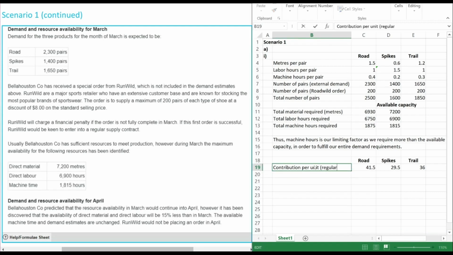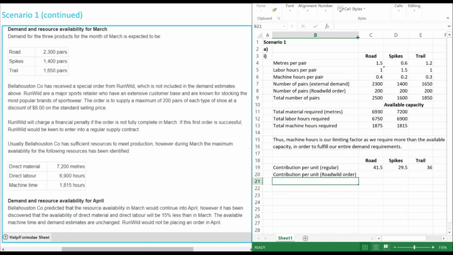This is the regular one, and this is the one for the Run Wild order, which will simply be 8 less than the regular contribution. Once again, it's best to show these two separately in one place so that we can use them in subsequent calculations.